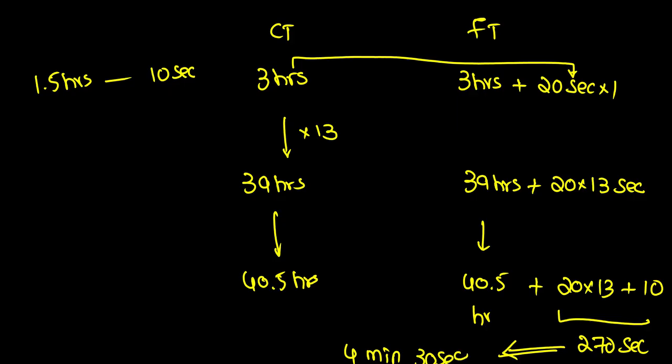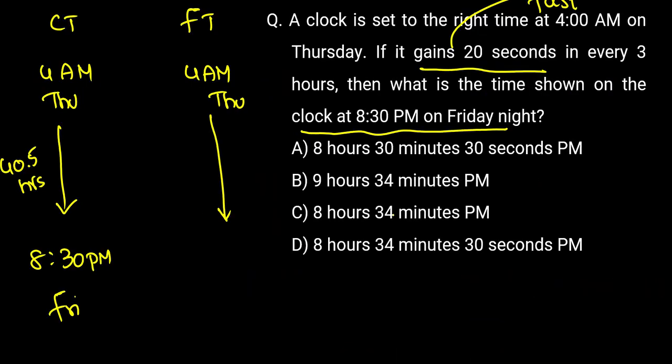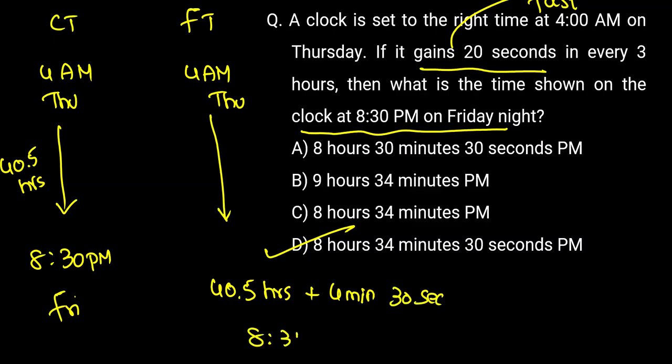Now when the correct time is 8:30, your fault time will be 8:34 30 seconds. Option D. When the correct time travels 40.5 hours, this wrong time will be 40.5 plus 4 minutes 30 seconds. That indicates 8:34 30.